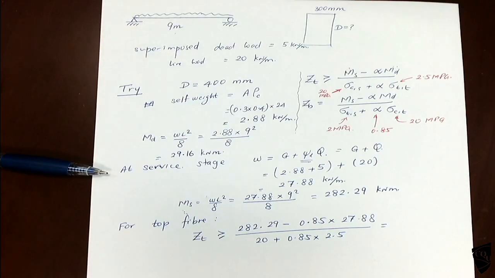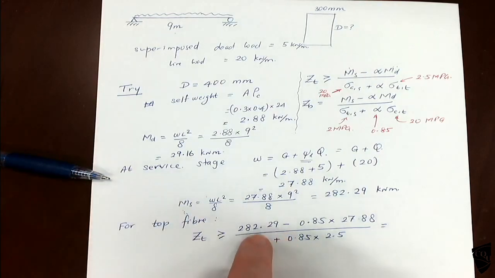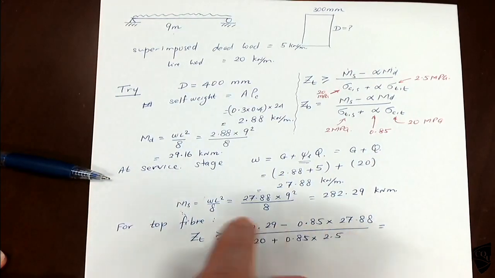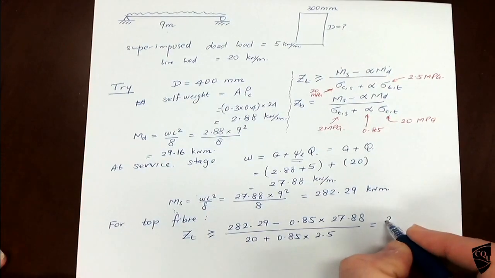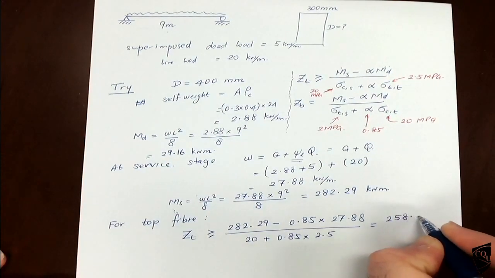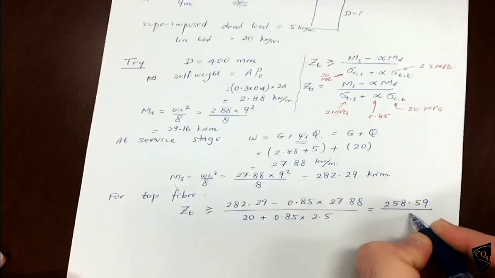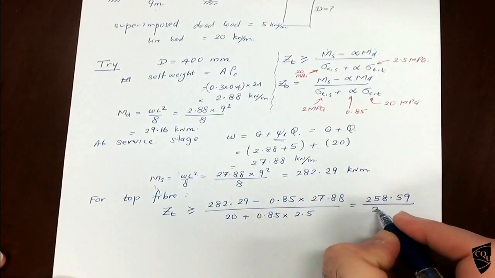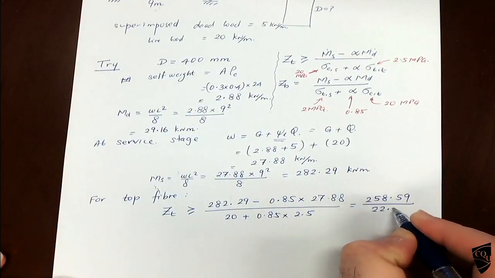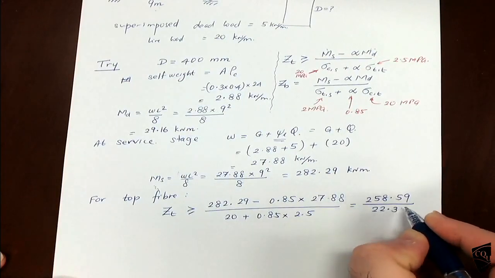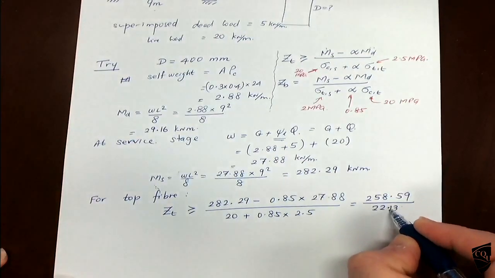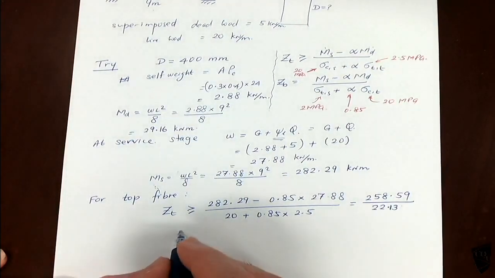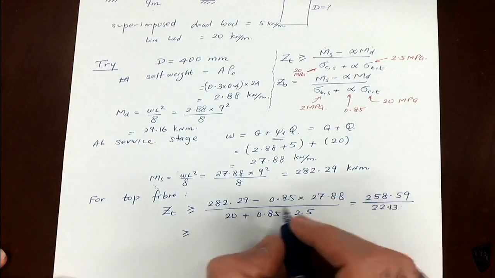So 282.29 minus 24.79 gives 258.59 divided by 22.13. So if you get this one, this is kilonewton meter.